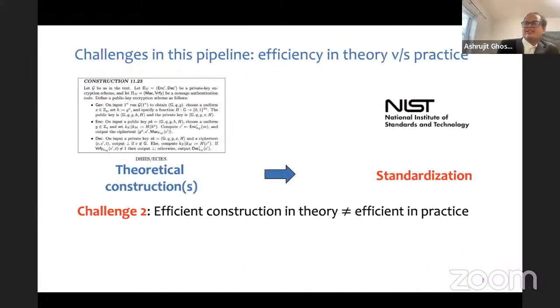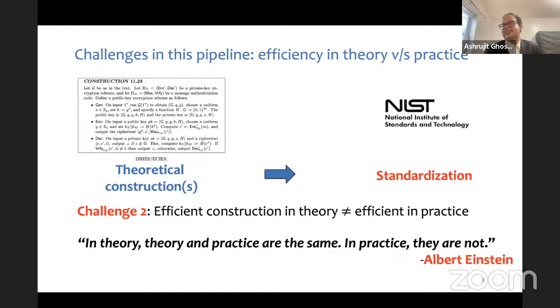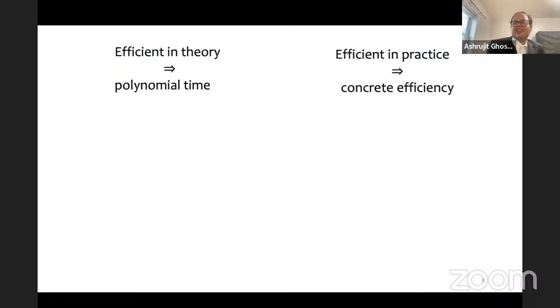Another challenge in the pipeline from theory to practice of cryptography stems from a disparity in how we define efficiency in theory and practice. To quote Albert Einstein, in theory, theory and practice are the same. In practice, they are not. In theory, efficient essentially means polynomial time, while in practice, we aim for concrete efficiency.